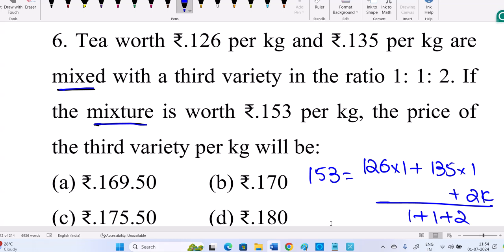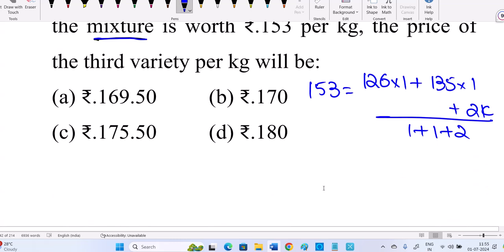Ax plus by plus cz divided by x plus y plus z. M equal to ax plus by plus cz divided by x plus y plus z. Third variety price is not given. Cross multiplying, we will get 175.5.